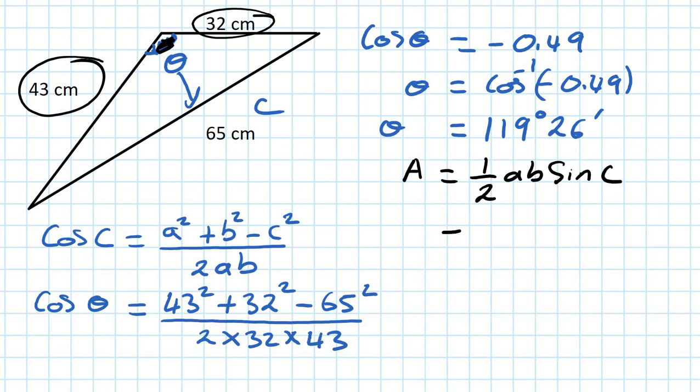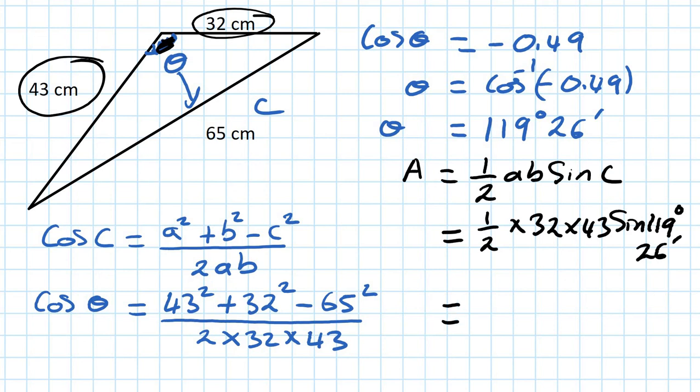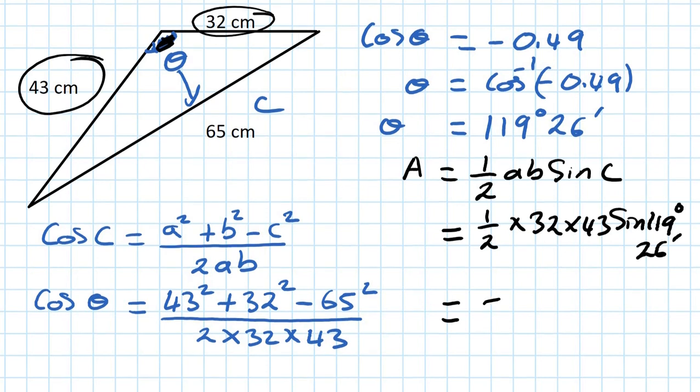So it is equal to a half times 32 times 43 times sine of 119 degrees, sorry, I run out of space, I just write underneath here, 26 minutes. I put that in a calculator, which gives me 599.249530 and so on.